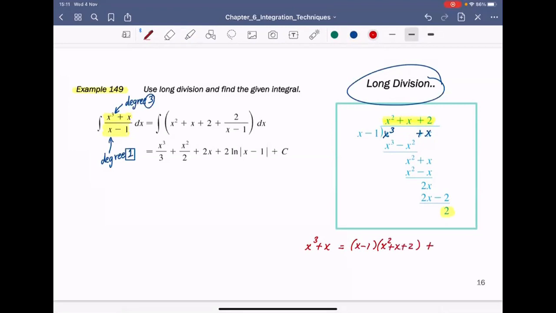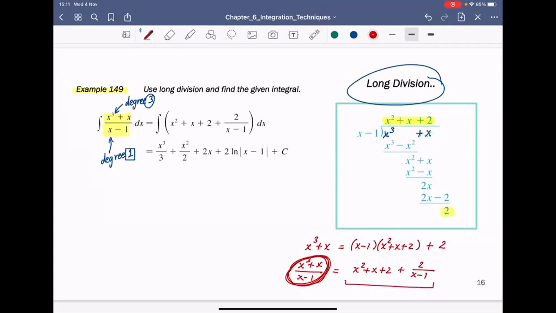And then my remainder is just 2. Which means if I have (x cubed plus x) over (x minus 1), I am going to have x squared plus x plus 2, and then plus 2 over x minus 1. That means I can decompose this thing that I circled into something like that.